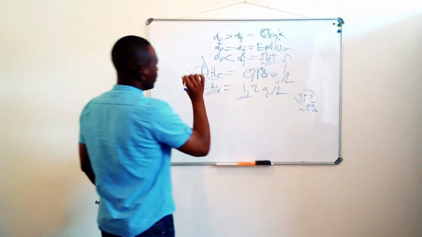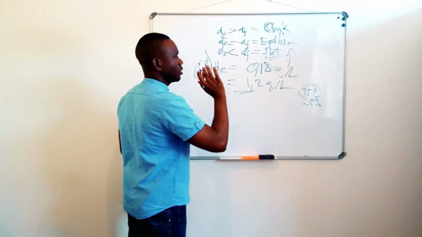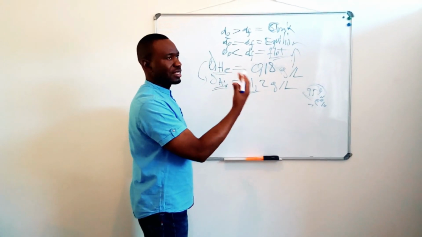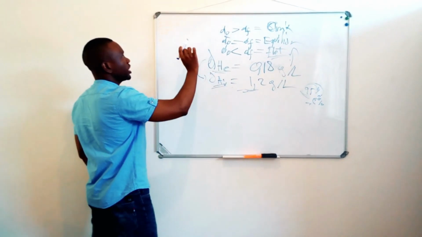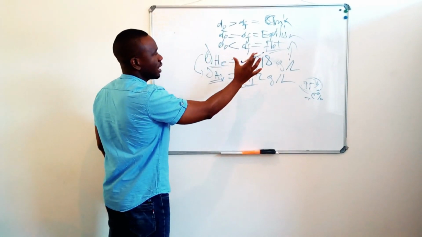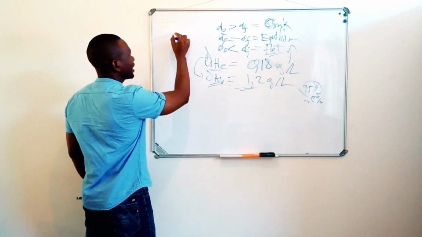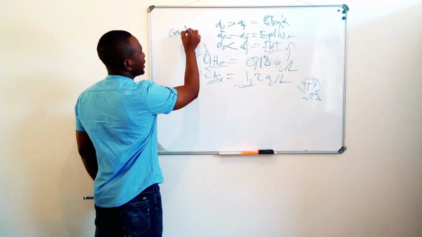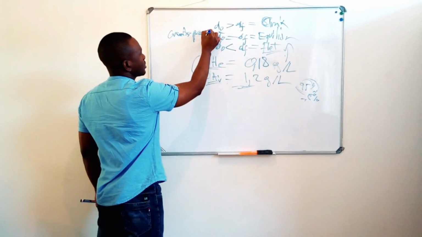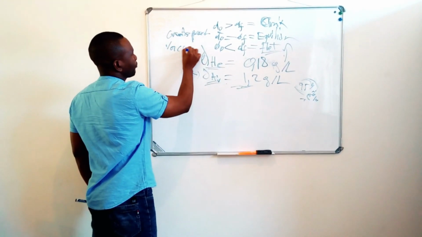So now, knowing that air is what is behind all of what is happening, if we can just take out air from this space, we're going to create a perfect vacuum.